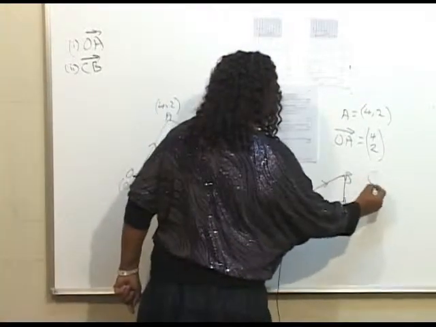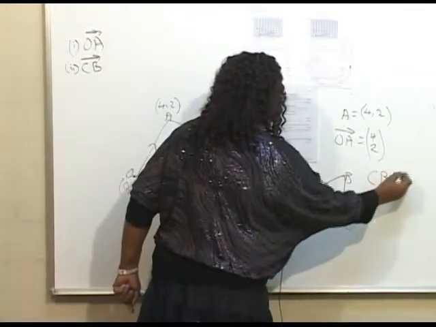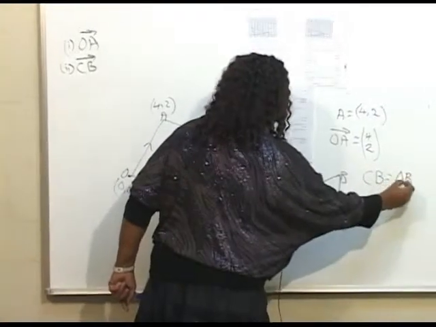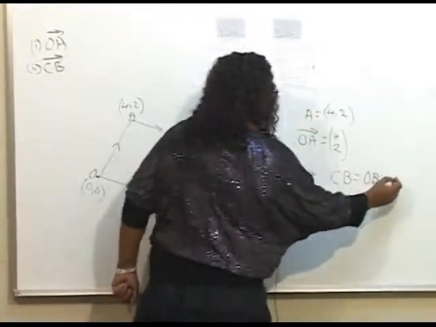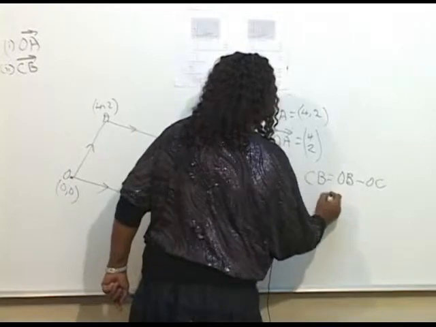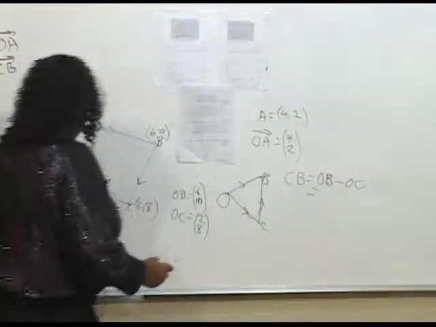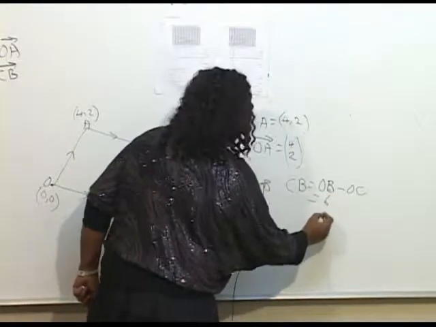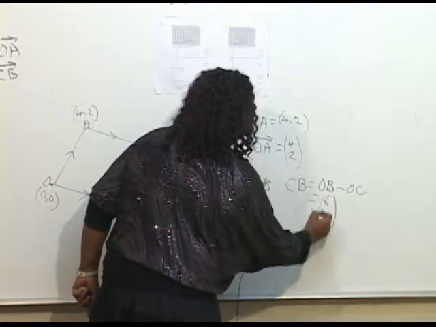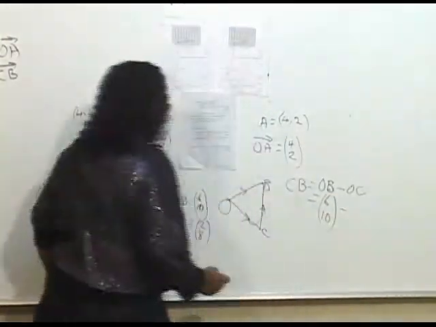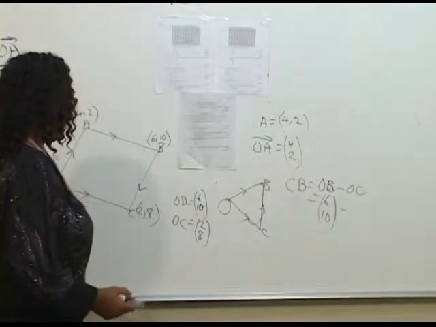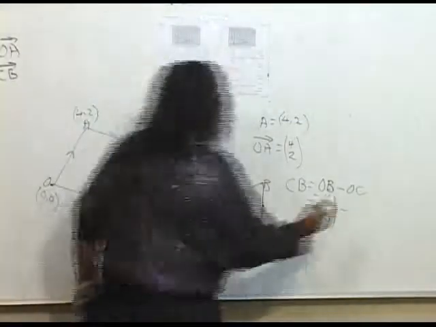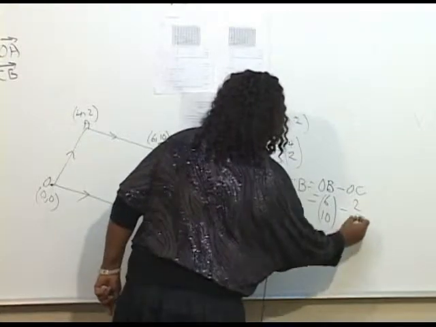So we know that CB would have been equal to OB minus OC. And that is equal now to OB, (6, 10), minus OC, which is equal to (2, 8).